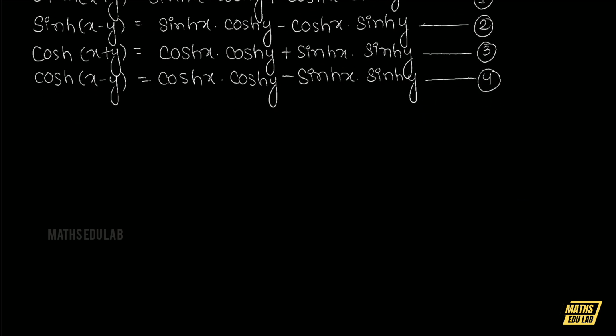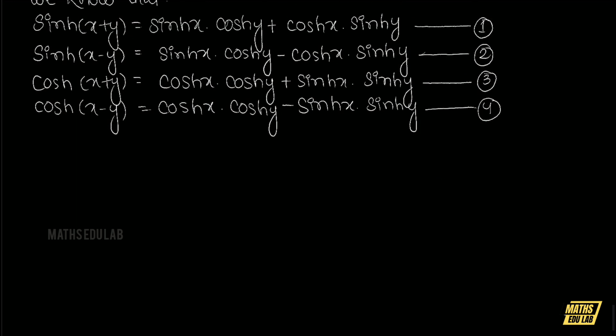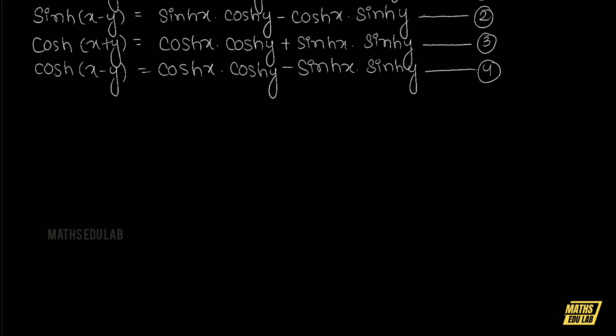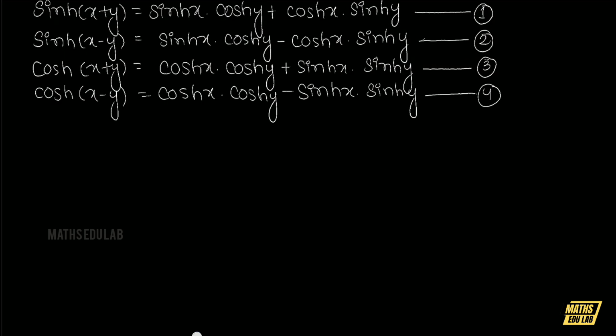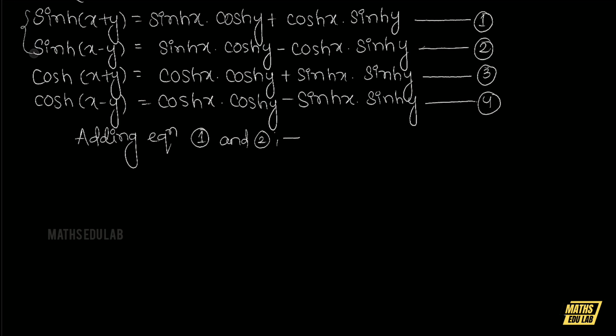Now let's add equations 1 and 2. On adding these two equations, we write sinh(x+y) plus sinh(x−y).